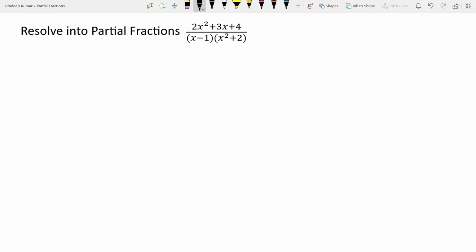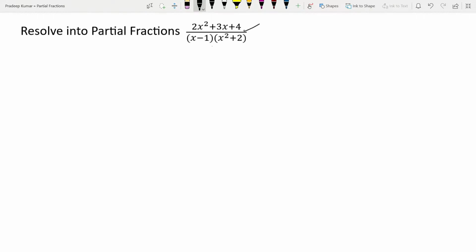The second rule is that the coefficient of x can be higher in the numerator, and it should not be less in the numerator compared to the denominator. Here the x coefficient is higher in the numerator and lesser in the denominator, or it can be equal also.